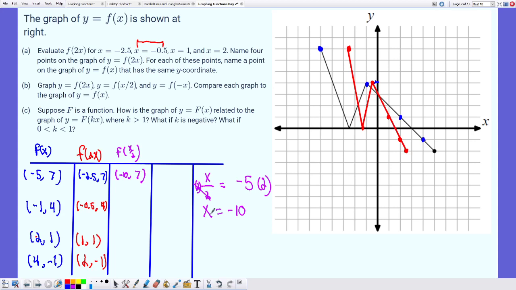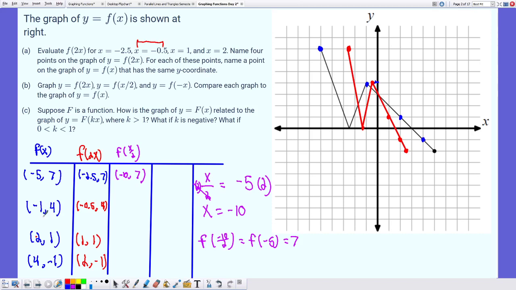Now, let's just double check to make sure I did the work right. F of negative 10 over 2. Well, negative 10 over 2 is negative 5, which we know is 7. That's why we are working backwards to get the proper x value we would like for our new function. So, where can we go from here?